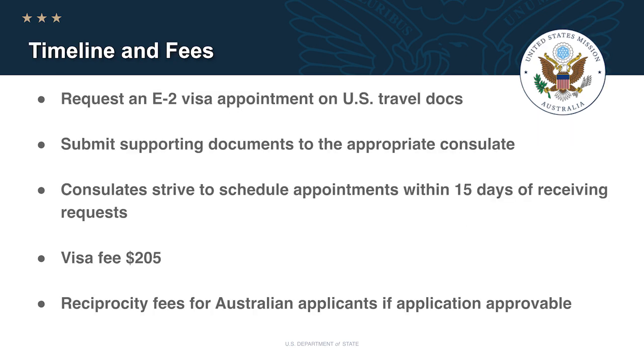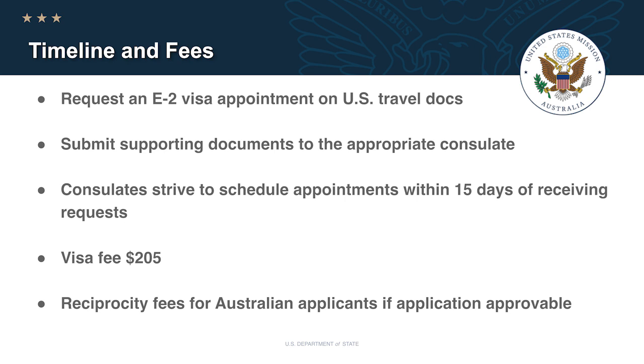So the first thing to do for the application is to go to our website and request an E-2 appointment on our visa website, US Travel Docs. You'll then submit the supporting documentations to the appropriate consulate you wish to apply at, either Sydney, Perth, or Melbourne.